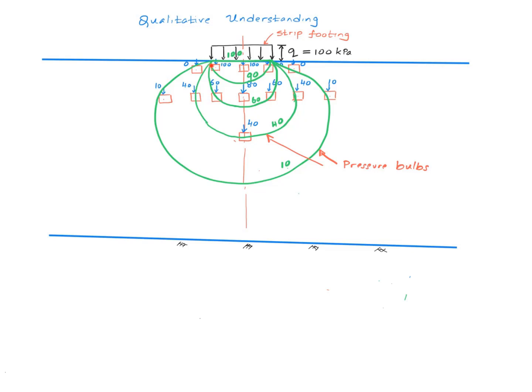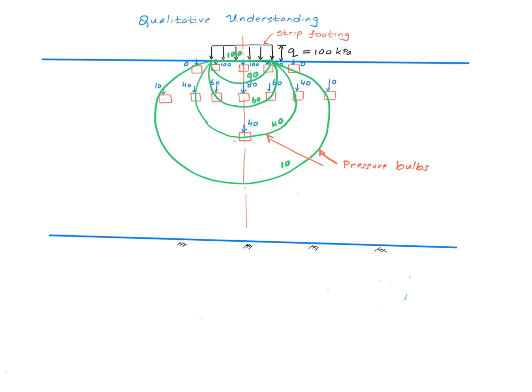We noted that this is the contour of 90 kilopascal, right? This tells us that at points that are not too far from the plane where the footing pressure is applied, the pressure is going to be very close to 100 kilopascal. So these points, let's just say they don't exactly coincide with the plane where the footing pressure is applied, but they're still at a very small depth.